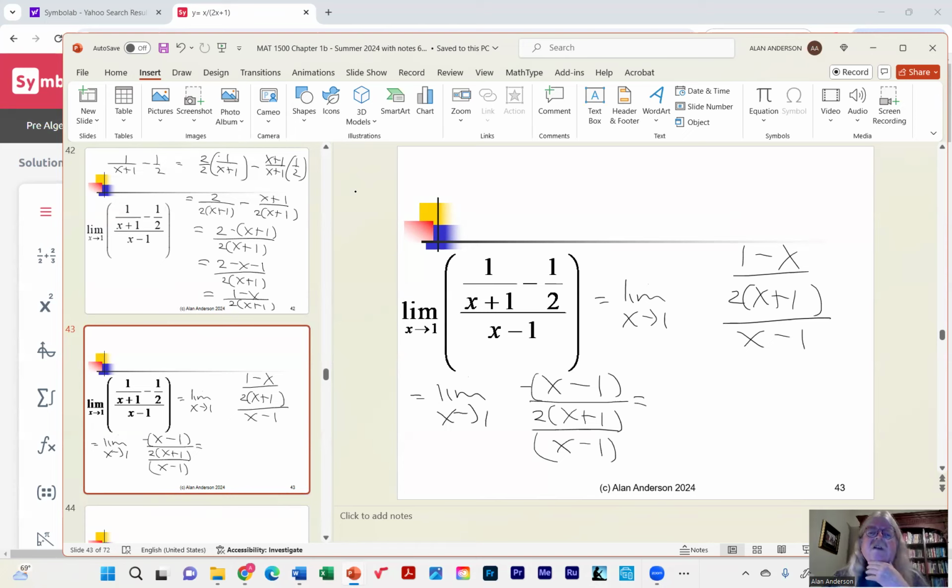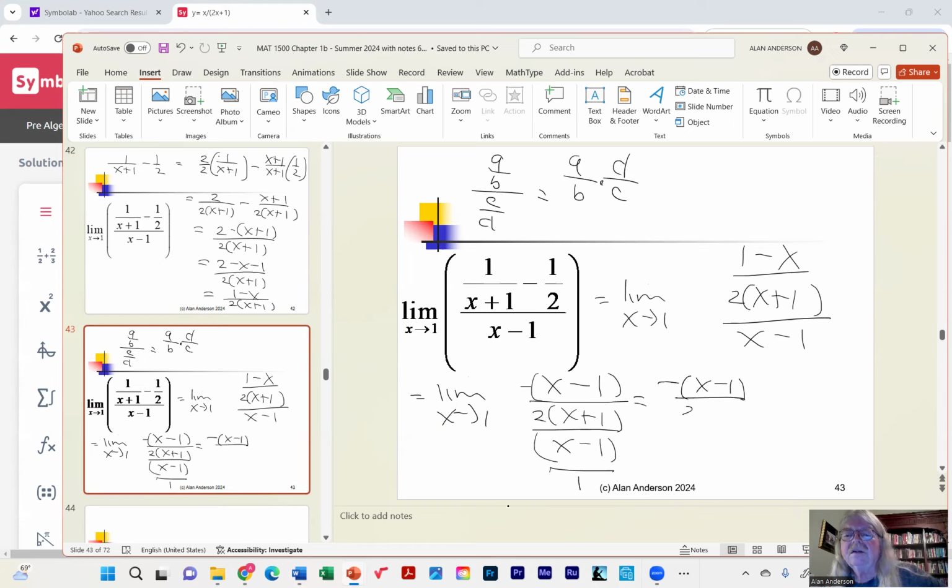So basically, don't forget, when you have an incredibly messy function like this, remember that this is equal to this. What you're basically doing is dividing by a ratio, which is the same as multiplying by its inverse. So if I rewrite this with a 1 down here, you can see that I have negative x minus 1 over 2x plus 1 times 1 over x minus 1.